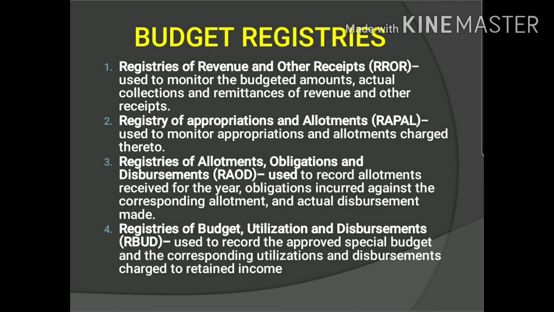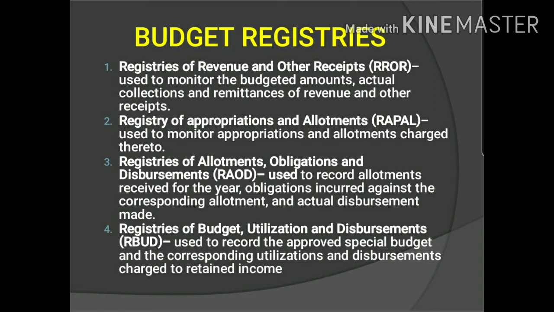The registry of appropriations and allotments shall be maintained by national government agencies to monitor appropriations and allotments charged thereto. It shall show the original, supplemental and final budget for the year and all allotments received charged against the corresponding appropriation. This is to ensure that allotments will not exceed appropriations.